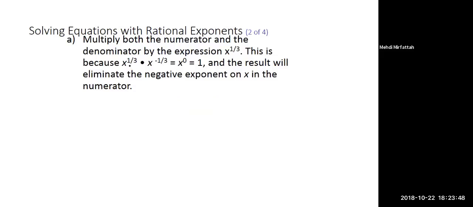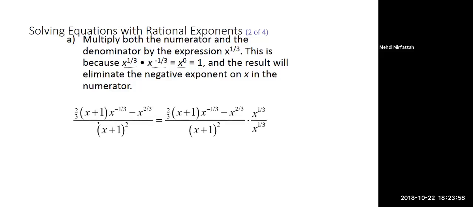So x to the power of 1/3 times x to the power of -1/3 is simply 1. And that's what we really want. We want to eliminate those negative exponents. So if I multiply each term by x to the power of 1/3, that would assure me to eliminate all those negative exponents. That's the first step.